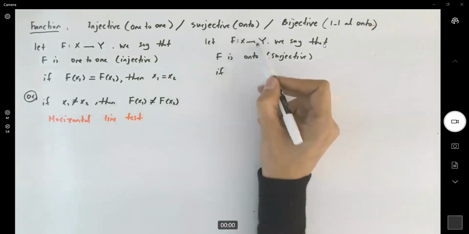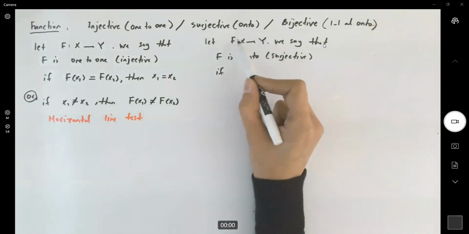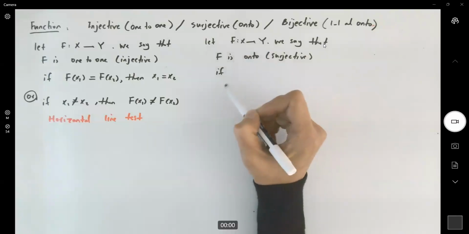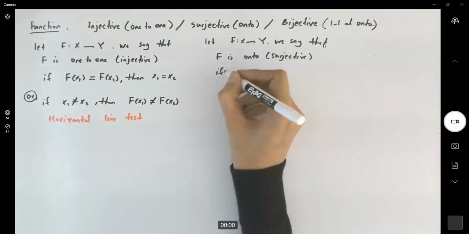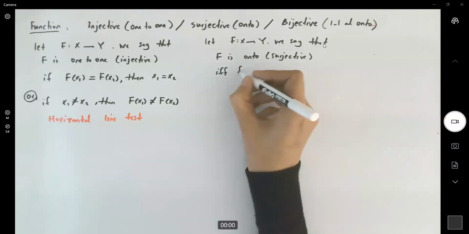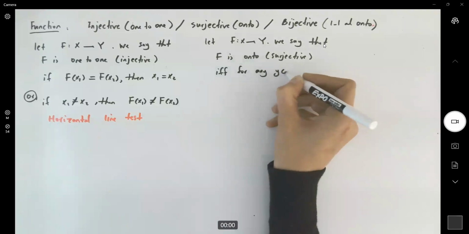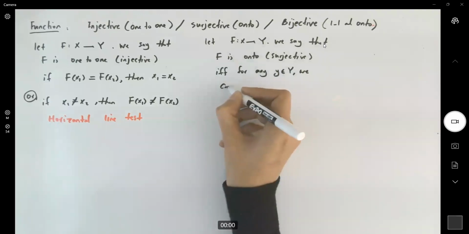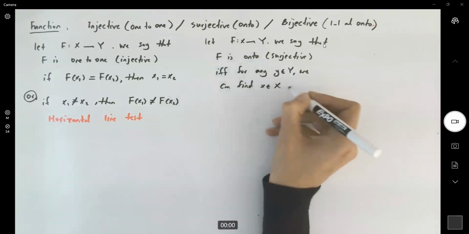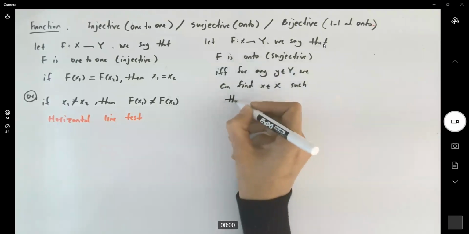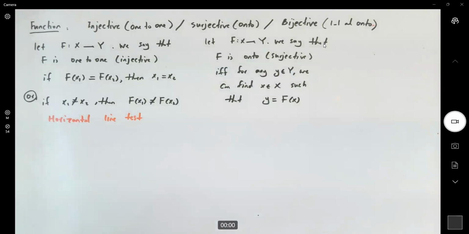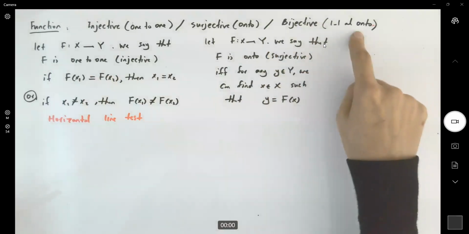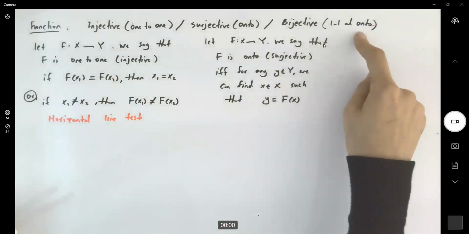So if you take any y value in y, for sure you have an x value that connects x to y. So if and only if for any y in y, we can find x in x such that y is equal to f of x. So that is the definition of onto, surjective, and the definition of one-to-one, injective, and we say that the function is bijective if it's one-to-one and onto at the same time.